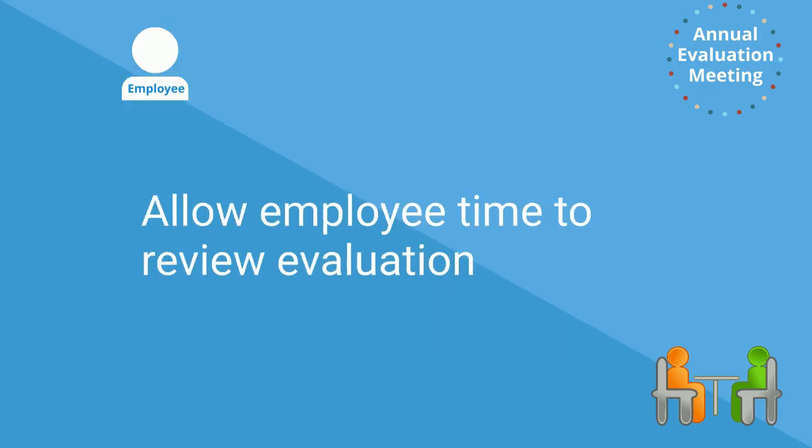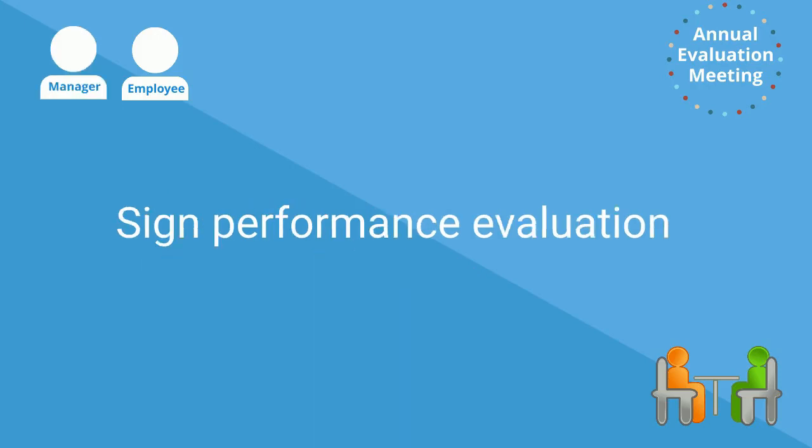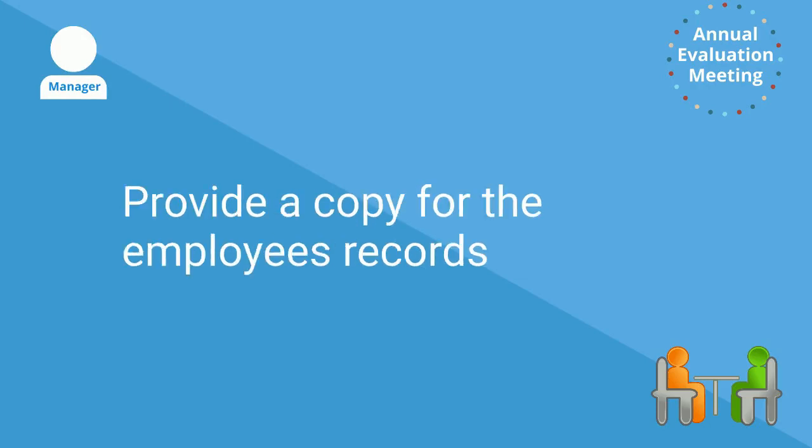The employee is then given time to review the performance evaluation, summary comments and rating, and to give their comments. The manager and employee sign the performance evaluation. The manager then provides the employee with a copy of the performance evaluation for their records.